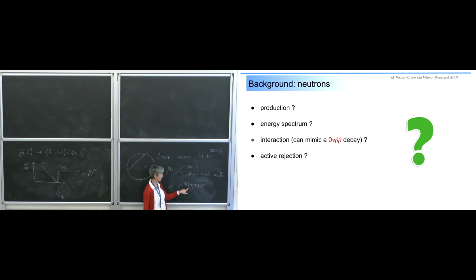And this kind of interaction takes place every time I have alpha particles, and alpha particles are produced by nuclear decay, and natural radioactivity is a source of alpha particles. So this is a process that produces neutrons.